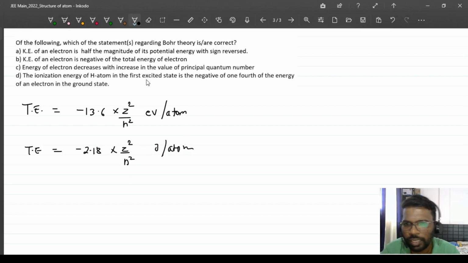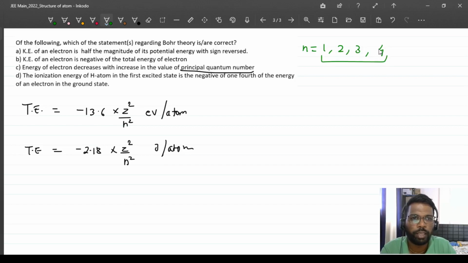In both cases, the energy of the electron decreases with the increase in the value of the principal quantum number. The value is negative. Now n represents the principal quantum number: n equals 1 is the first shell, n equals 2 the second shell, n equals 3 the third shell, and so on. These are the main shells.